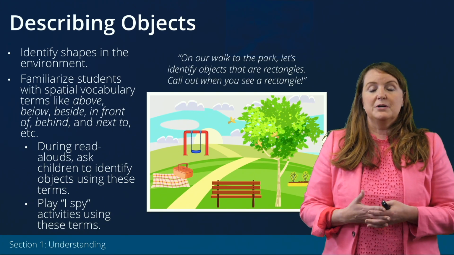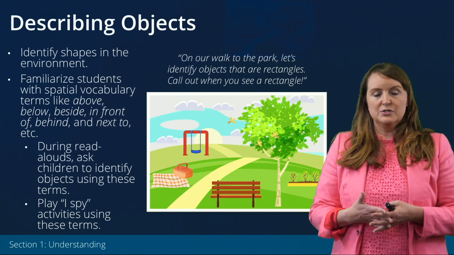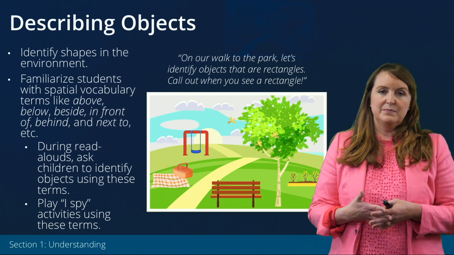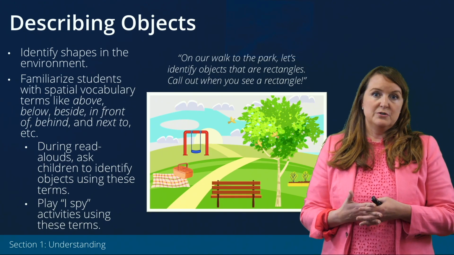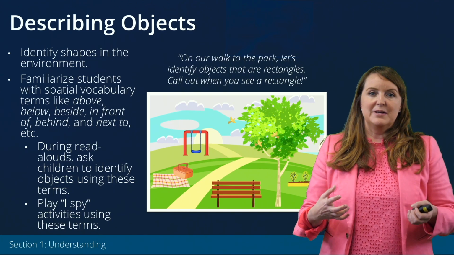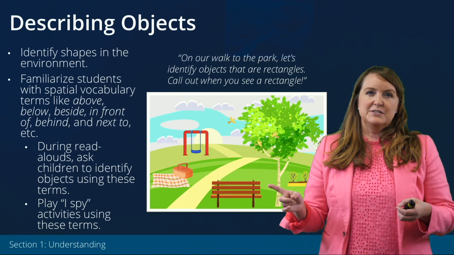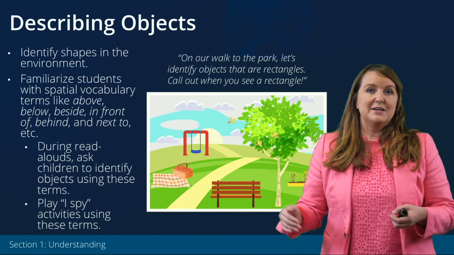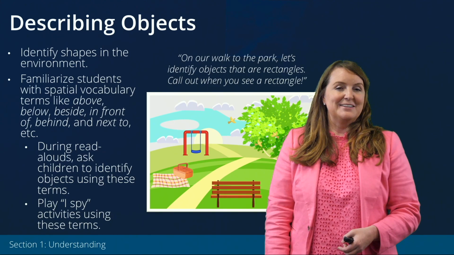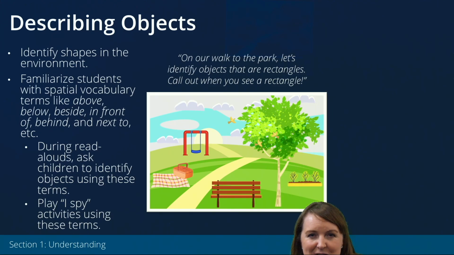Now, not only do we want to talk about the formal names of shapes, such as rectangles, circles, squares, and so on, we also want to help students understand where their place is in their environment and how shapes relate to that. So for example, maybe I am standing right now beside this bench. Maybe if I ducked down a lot like this, I am under the bench.